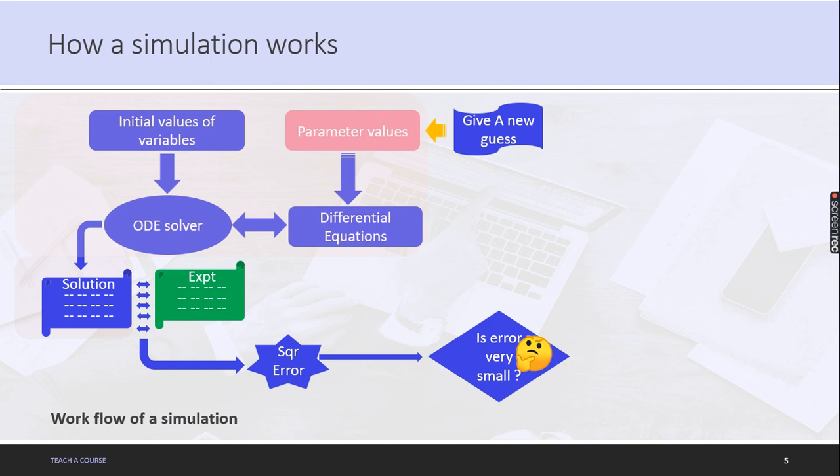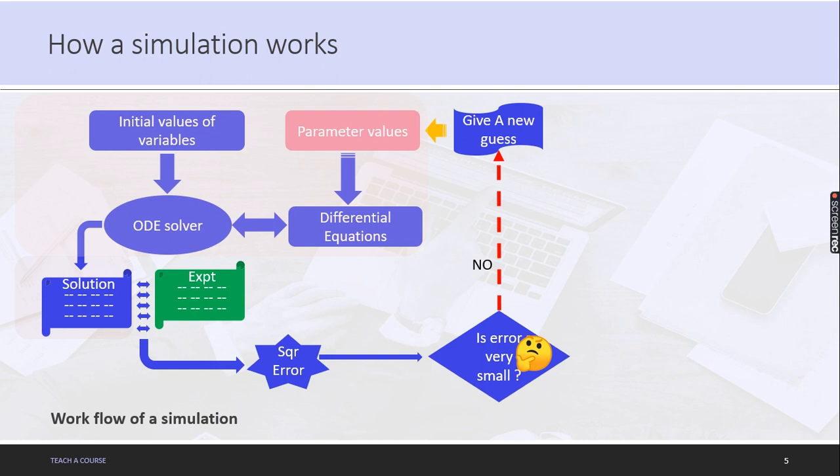If the error is not significantly lowered, or the gap is still high, then the optimization algorithm will say we need to give new guess values. Of course, the guess values being provided also have some boundary, which will be discussed later. So essentially the whole cycle will repeat.